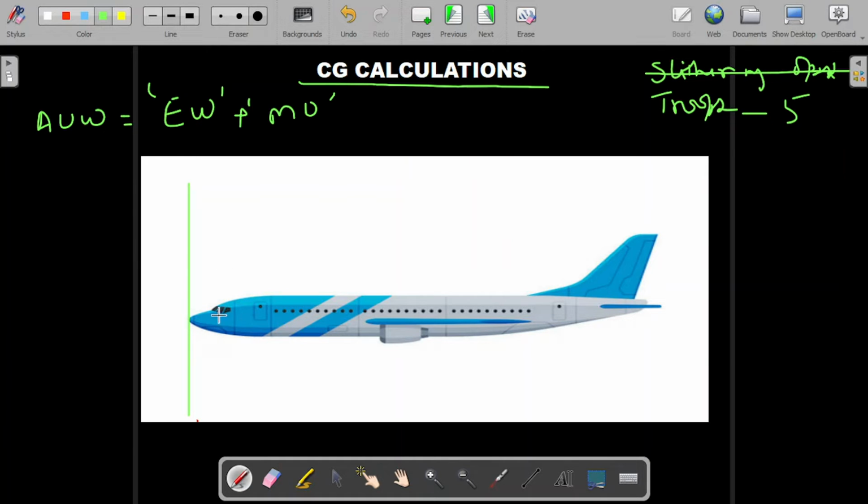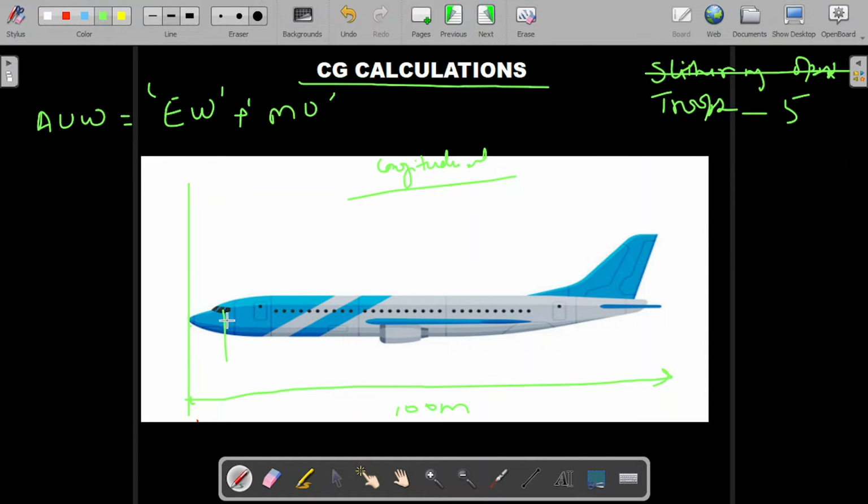First we have to take the reference. Let's say this is the reference, and we are aware that the length of the aircraft is 100 meters. All the values which I am taking are just for reference, to make the picture clear how the CG calculation is done, and I'll only be explaining the longitudinal, and the lateral and vertical are done in a similar fashion.